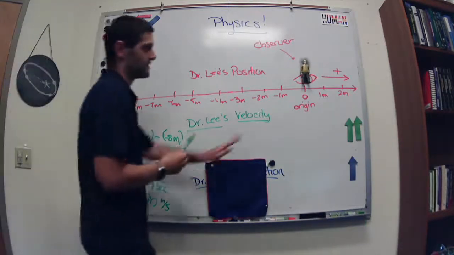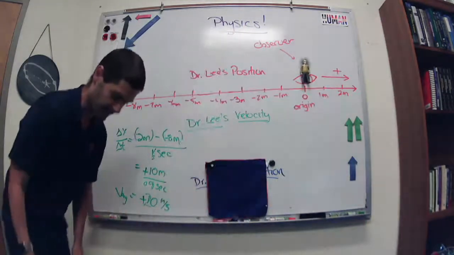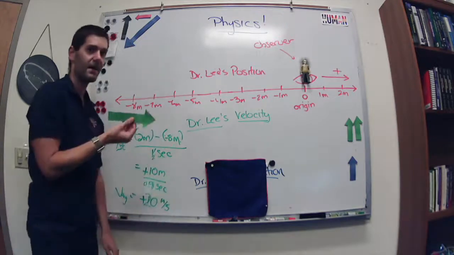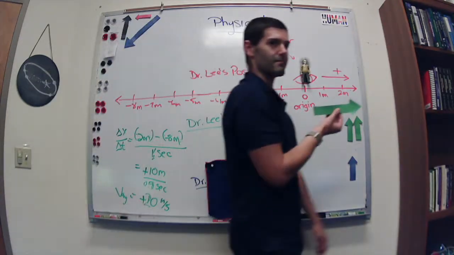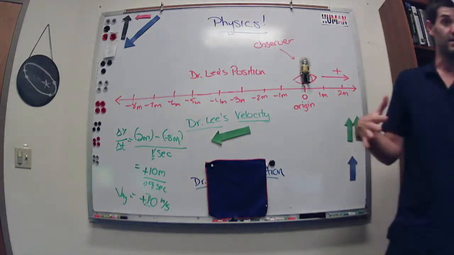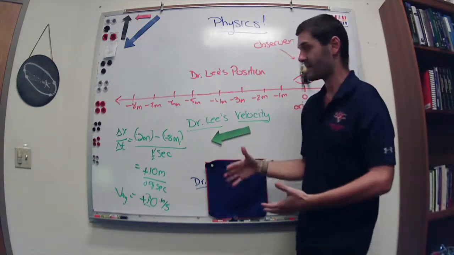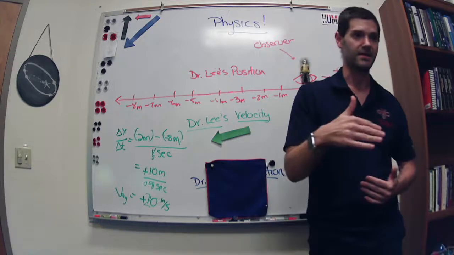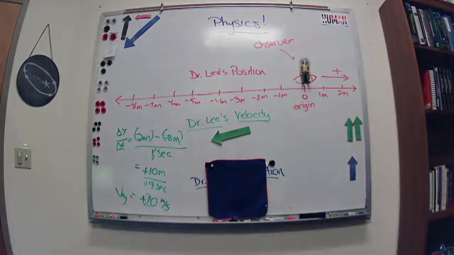If I'm moving towards the positive direction, then my velocity is positive, and that's just saying I'm moving in the positive direction. If I were to plot this on a graph, all that would represent is that the slopes would either be positive or negative, depending on whether I'm moving in the positive direction or the negative direction.